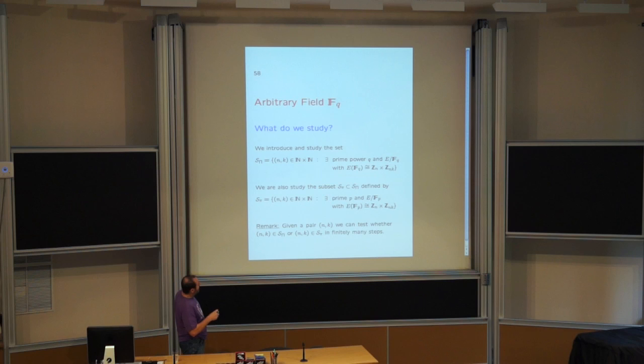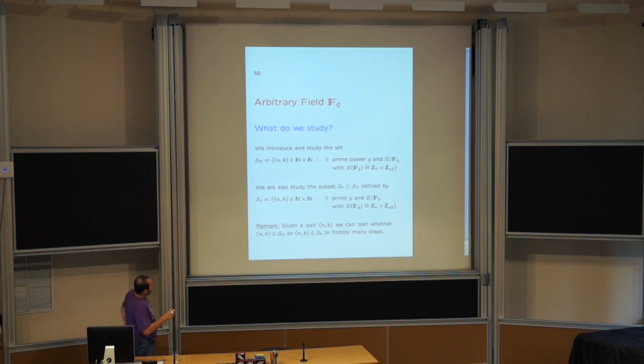Everywhere throughout my talk, capital Pi will refer to just prime powers, including primes, of course. When I use the lowercase pi, it applies only to primes. So usually sets which are indexed by capital Pi are bigger than sets which are indexed by lowercase pi.